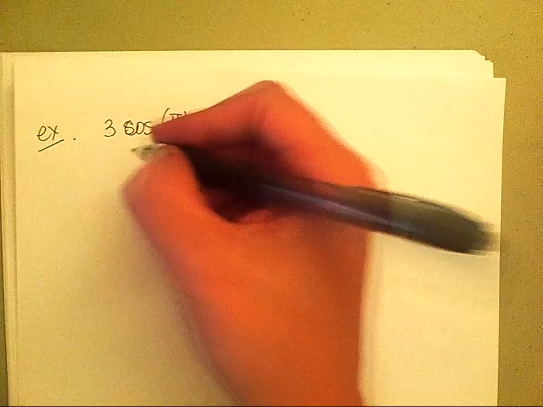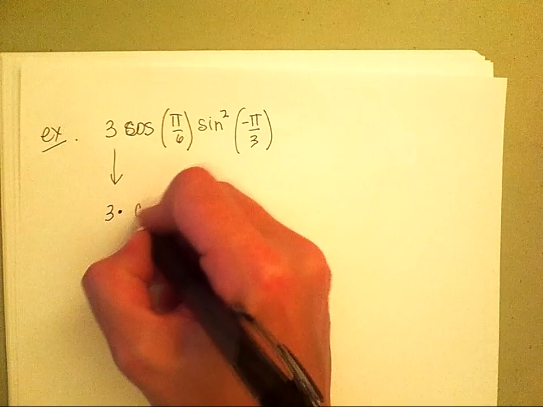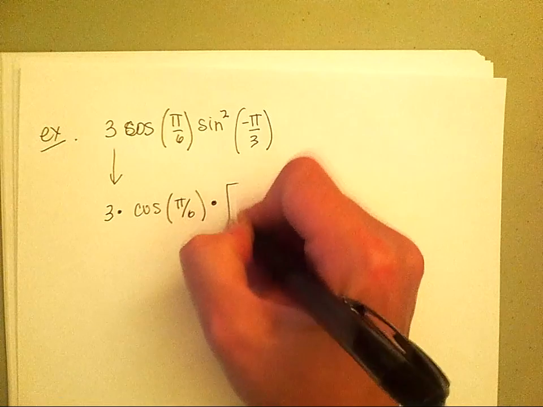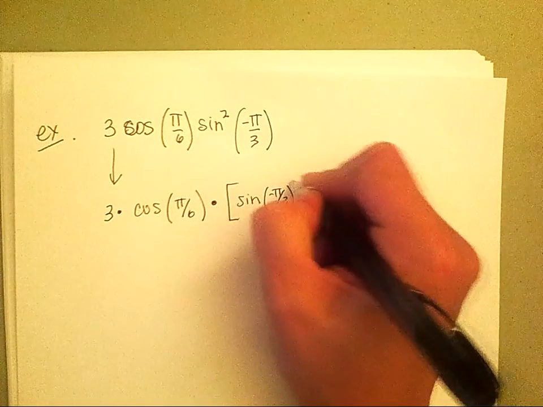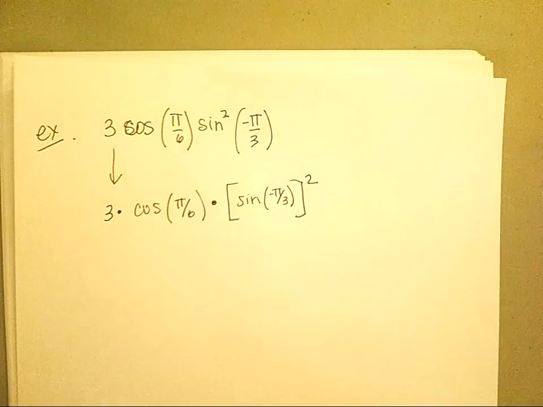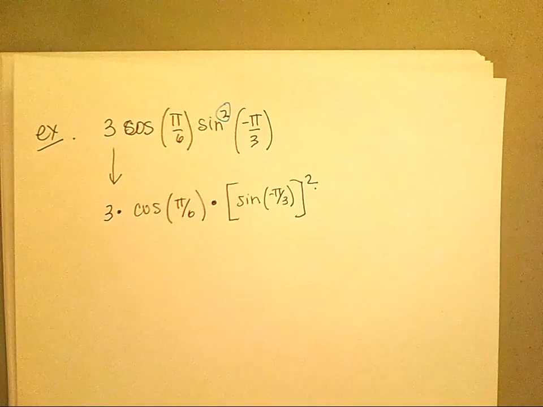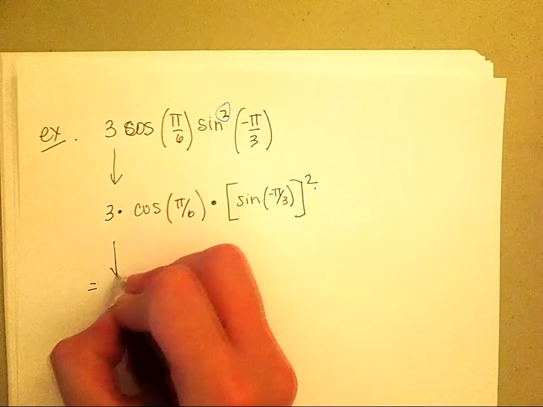Okay, so there's a lot going on here, right? Remember, this is 3 times the cosine of pi over 6 times the sine of negative pi over 3, and then squared. So that's what this notation means. Alright, so let's see if we can figure that out.